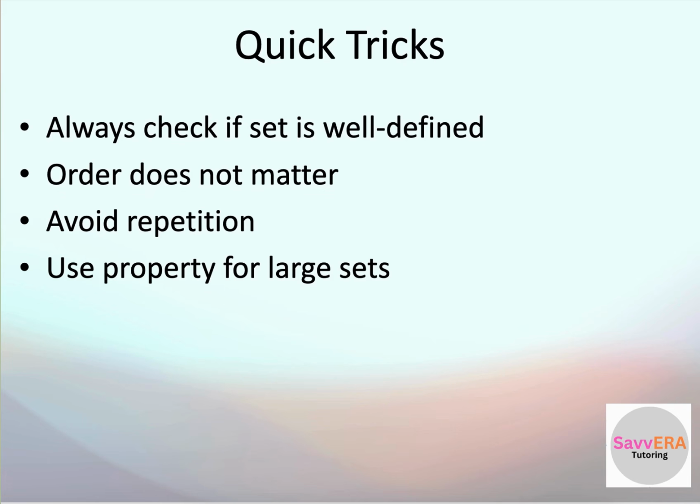So someone who's famous in math right now in the US doesn't necessarily have to be famous in, let's say, Norway. So that's why we have to be very clear that the set is well defined.